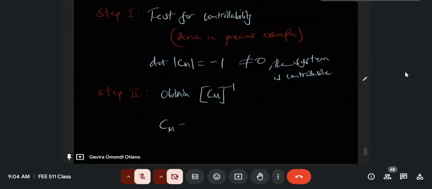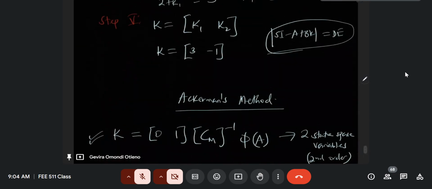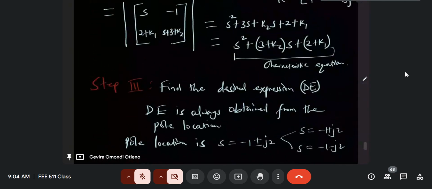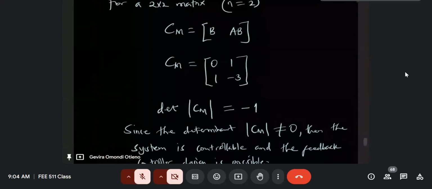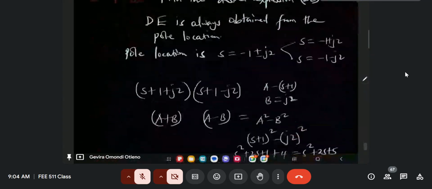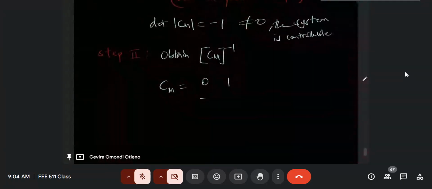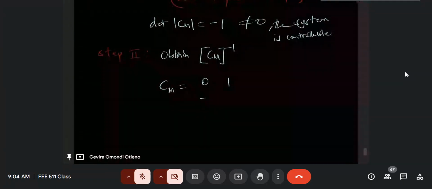Because this is a 2 by 2, the inverse should be easy. I don't want to make a mistake. What was our controllability matrix? Controllability matrix: 0, 1, 1, minus 3. Sorry for the scrolling.